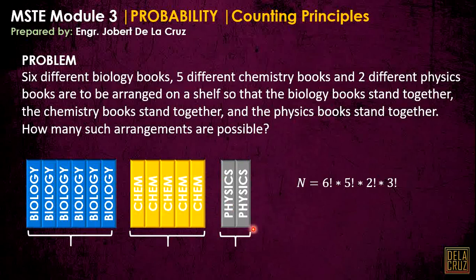While in this kind of problem, dapat isahin natin sila. Hindi sila pwedeng maghiwa-hiwalay. Kaya ganito yung approach dyan. Unahin natin itong arrange. So 6 factorial, this one 5 factorial, this one 2 factorial. Then we will count each group as 1. So that's why we multiply pa rin 3 factorial. Okay? That is the answer. I hope you get this.